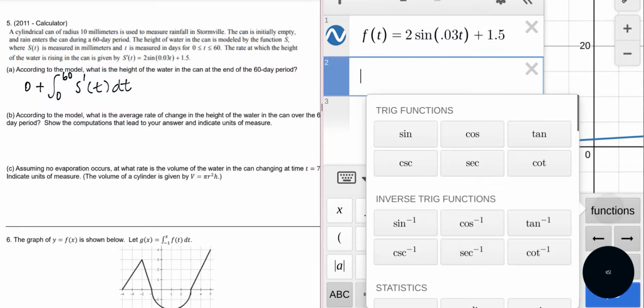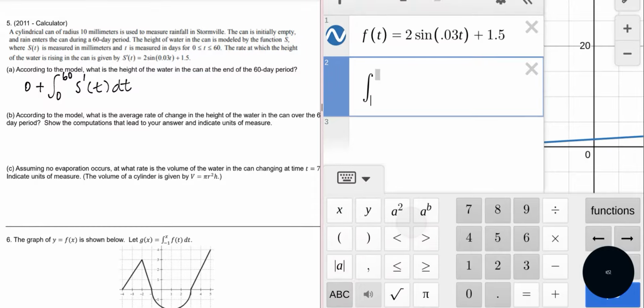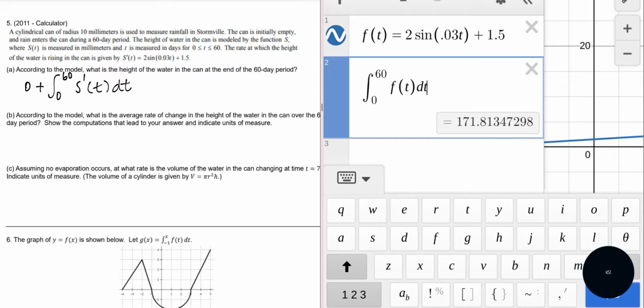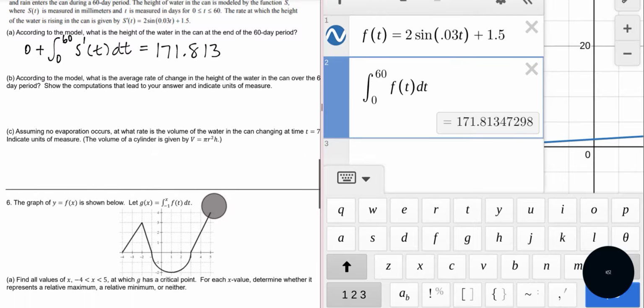Okay, so we're going to go down, grab our integral from 0 up to 60 of f of t dt, and that's going to equal 171.813.